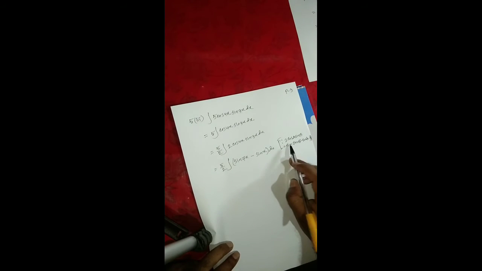For betterment, you write down the formula: 2 cos a sin b is equal to sin a plus b minus sin a minus b. This is the formula.